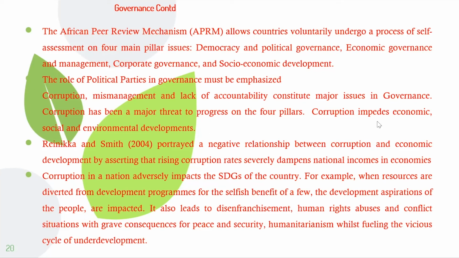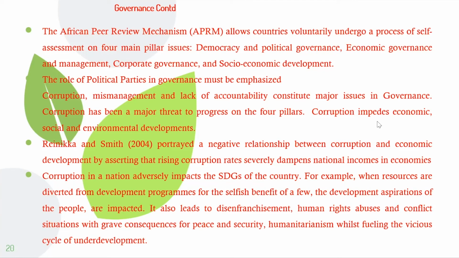Reinke and Smith portrayed a negative relationship between corruption and economic development by asserting that rising corruption rates severely dampen national incomes in economies. Corruption in a nation adversely impacts the SDGs of the country.